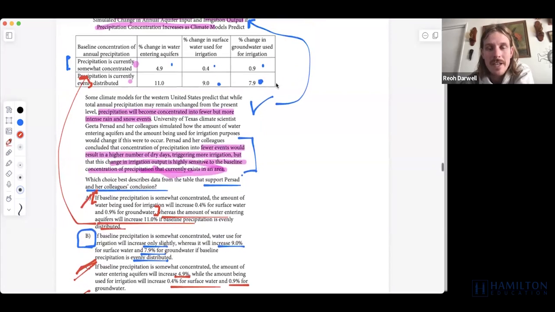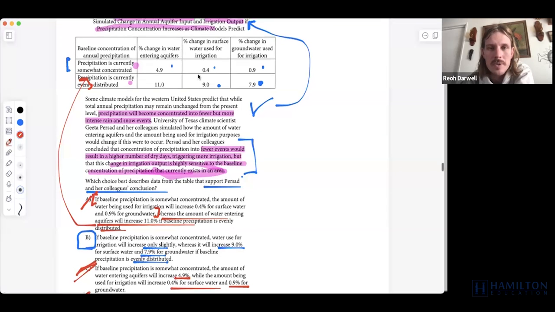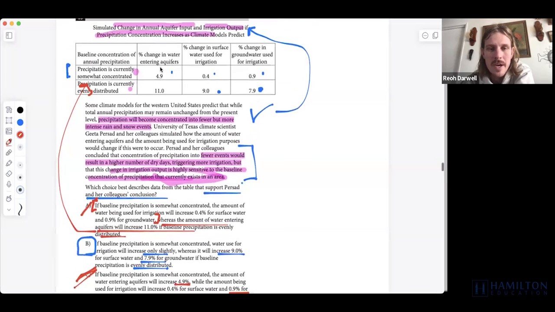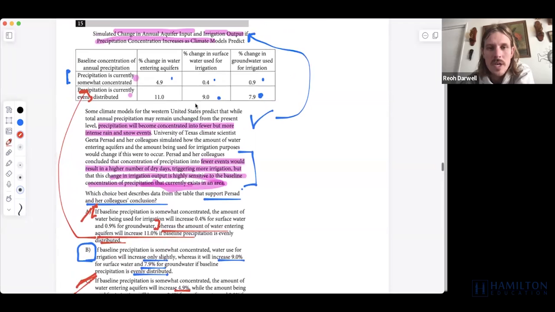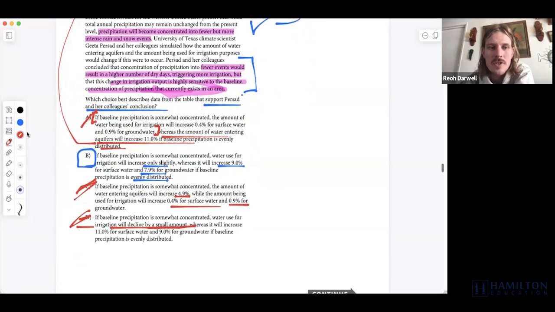A compares aquifer recharge in one group to irrigation use in the other, whereas C compares aquifer recharge in one group to irrigation use in that same group. And then D does a misread of the facts and figures as a whole. As such, the only answer choice that makes sense here is B.